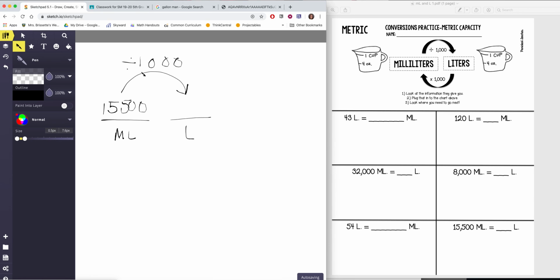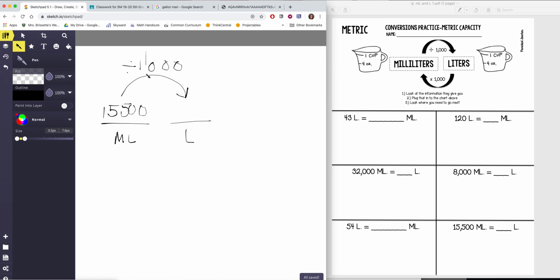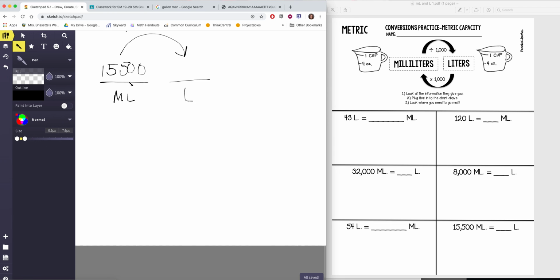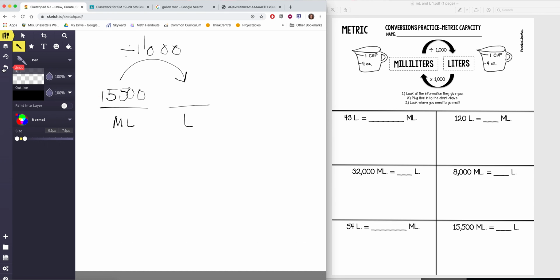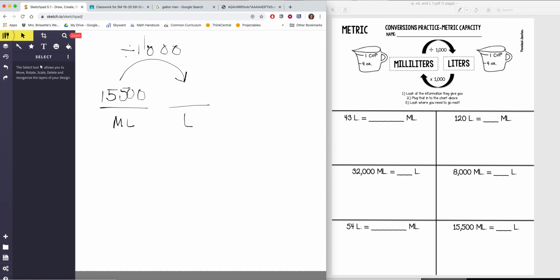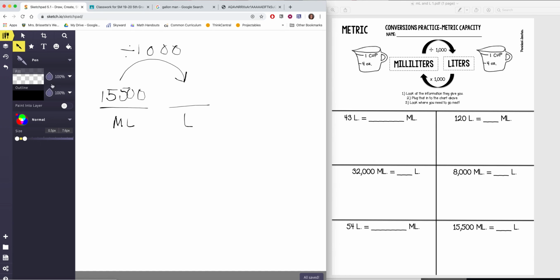Okay, if we're going to divide by 1,000, we are going to move our decimal point 1, 2, 3 places, and we're going smaller, so we want to go this direction.